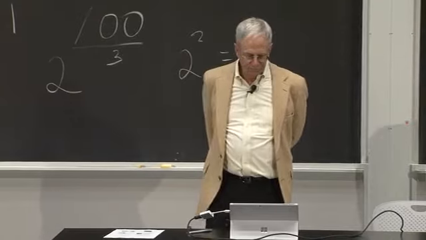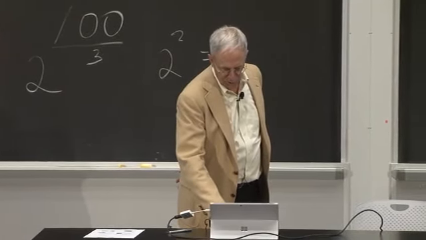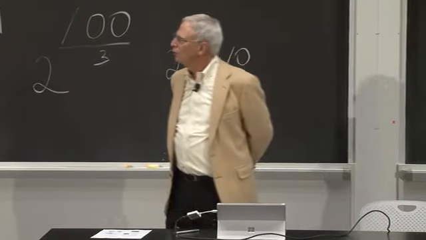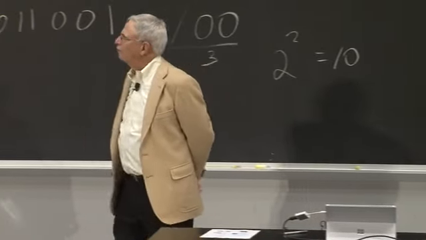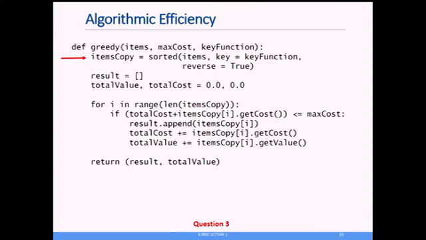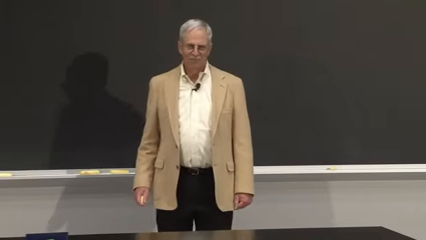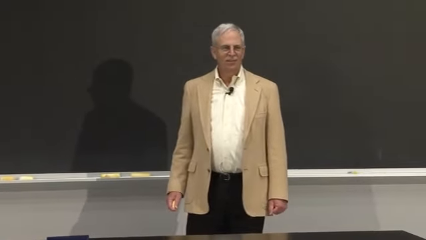Well, let's see where the time goes. The first thing is the sort. So I'm going to sort all the items. And we heard from Professor Grimson how long the sort takes. See who remembers.